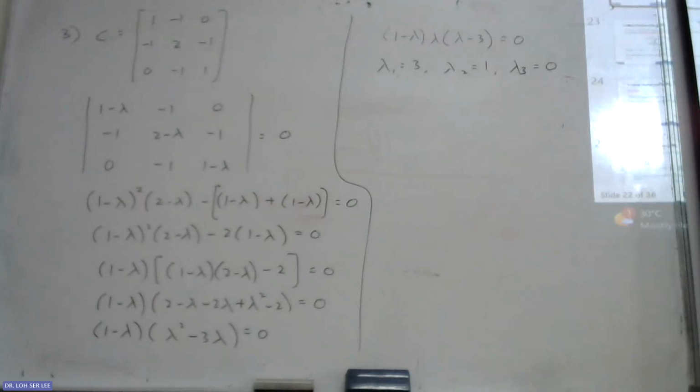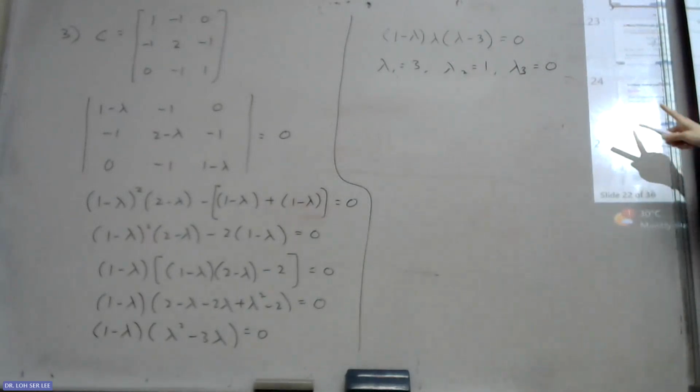Next, starting from the first eigenvalue, we find the eigenvector. Substitute the lambda into the A minus lambda I that you used for the determinant. The sequence of the eigenvalues doesn't matter.